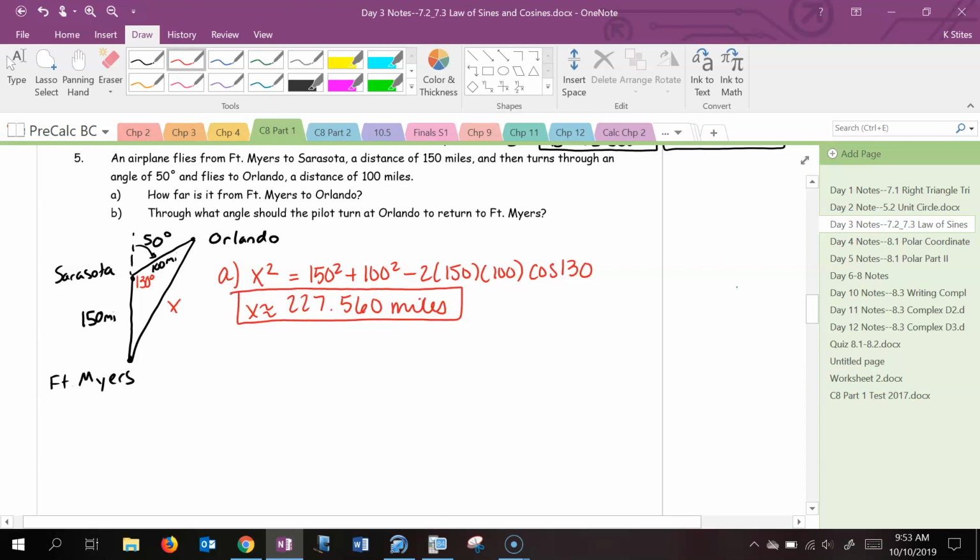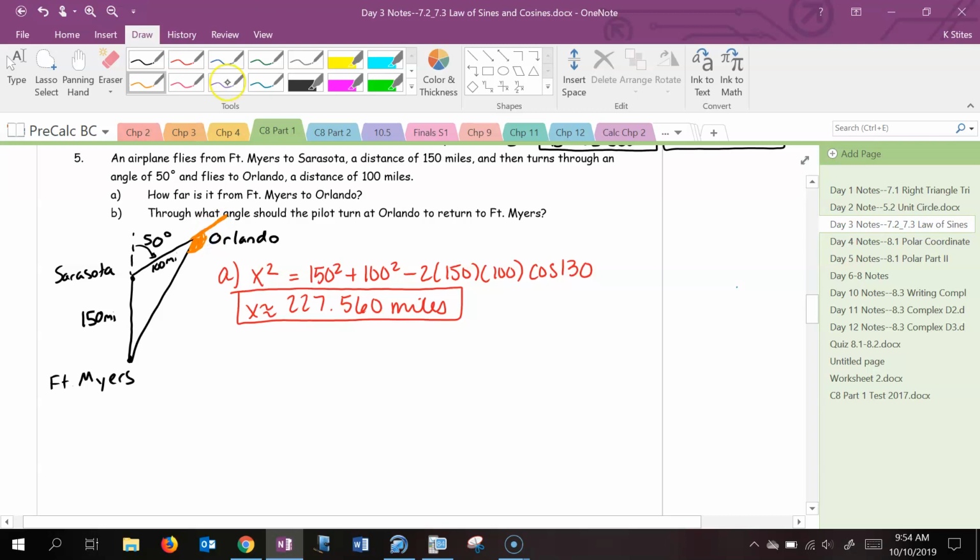Okay. And then through what angle should the pilot turn at Orlando to return to Fort Myers? So again, he's going this way, and then he's going to turn. Okay, so what we really care about is this angle.